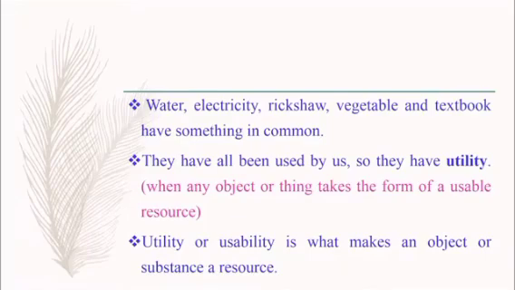Water, electricity, rickshaw, vegetable and textbook have something in common. They have all been used by us, so they have utility. Here, utility means when any object or thing takes the form of a usable resource, it is called utility. Utility or usability is what makes an object or substance a resource.